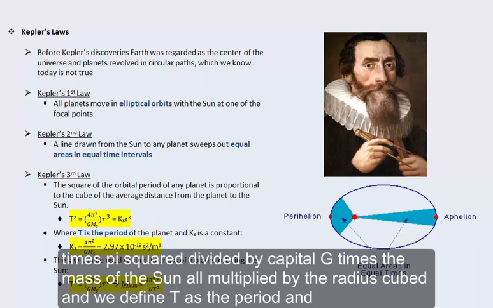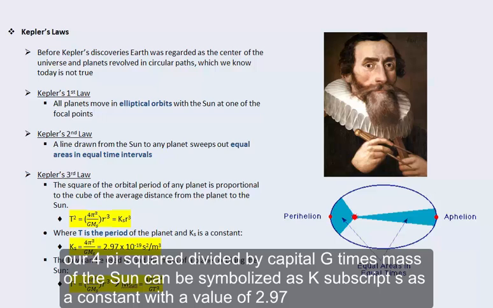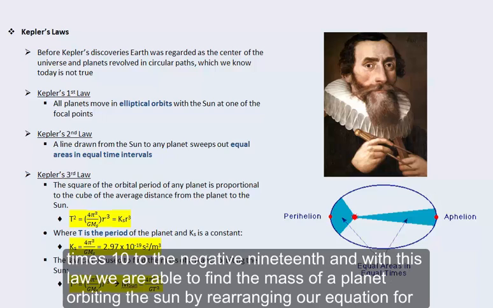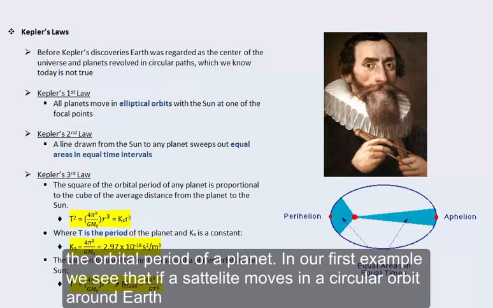We define T as the period, and 4 pi squared divided by capital G times the mass of the Sun can be symbolized as K subscript S, a constant with a value of 2.97 times 10 to the negative 19th. With this law, we are able to find the mass of a planet orbiting the Sun by rearranging our equation for the orbital period of a planet.